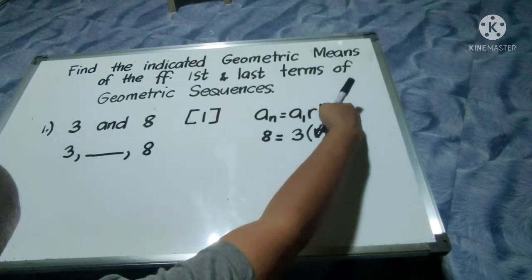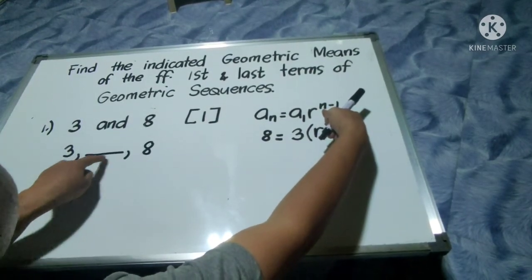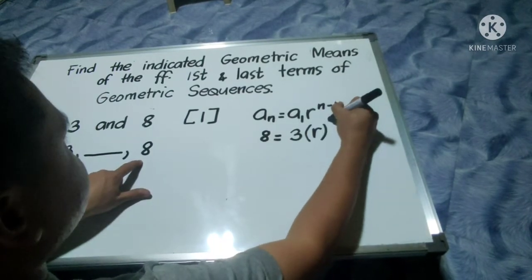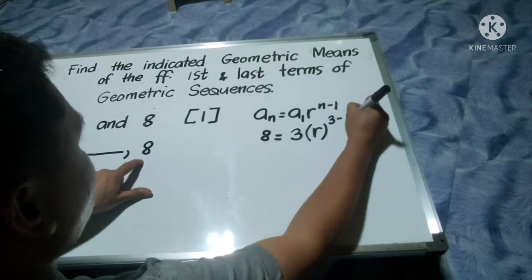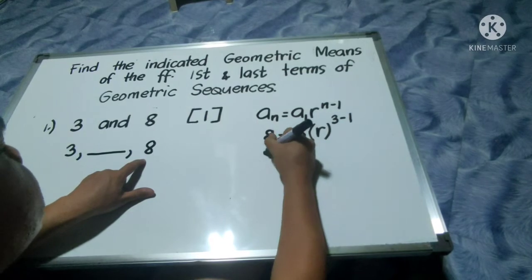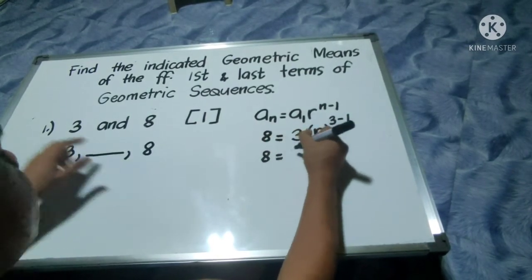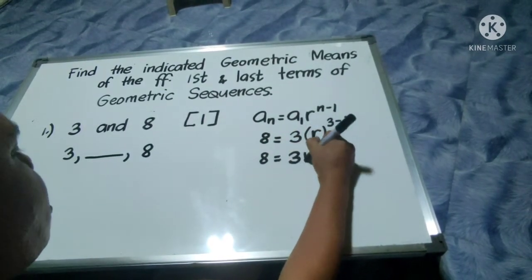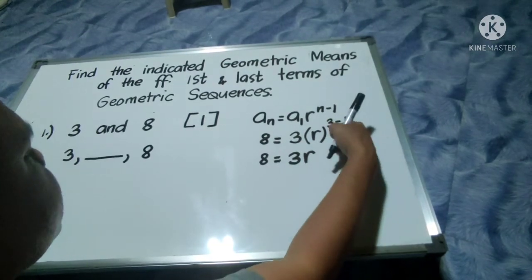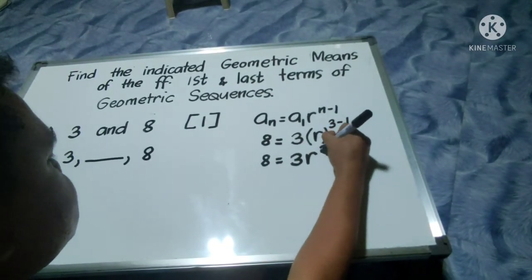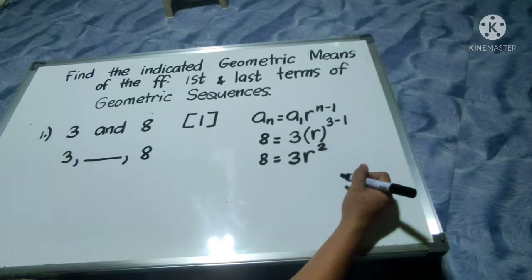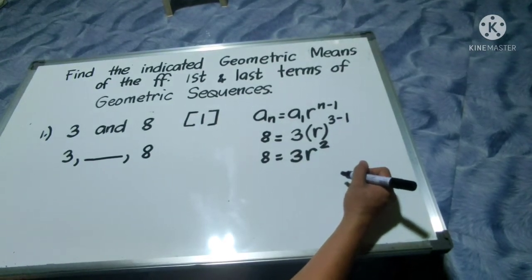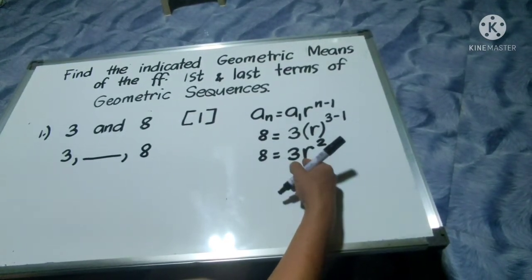Our n, how many terms do we have? 1, 2, 3. So, we have 3 terms minus 1. So, simplify it further. Copy 8, then 3 r to the exponent of 3 minus 1 is 2. Our target is to solve for r.